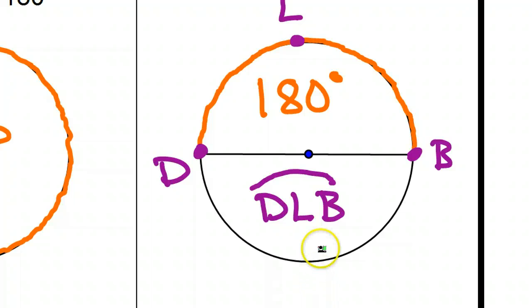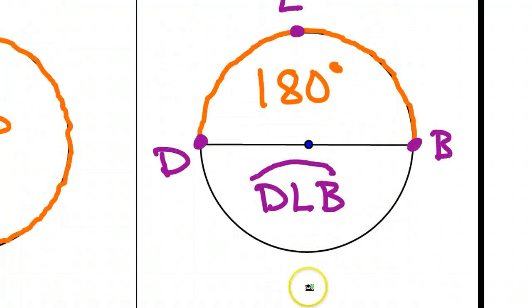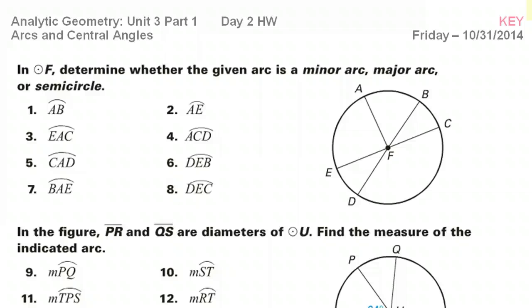So that's the background knowledge that you need to have to do the lesson. We're supposed to determine in circle F whether the given arc is a minor arc, major arc, or semicircle. At a glance, without even looking at the picture, we should be able to tell that 2 of these are minor arcs just by the way they're written.